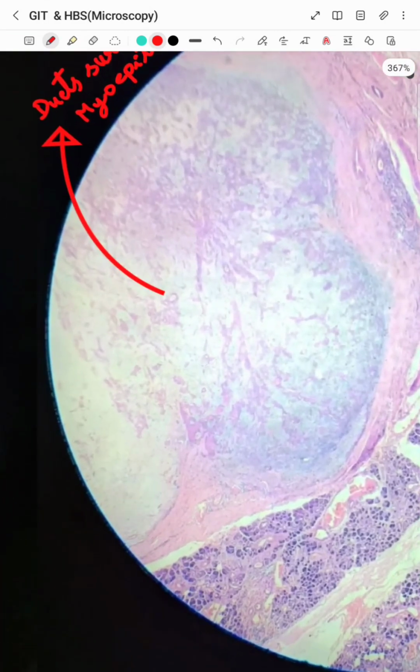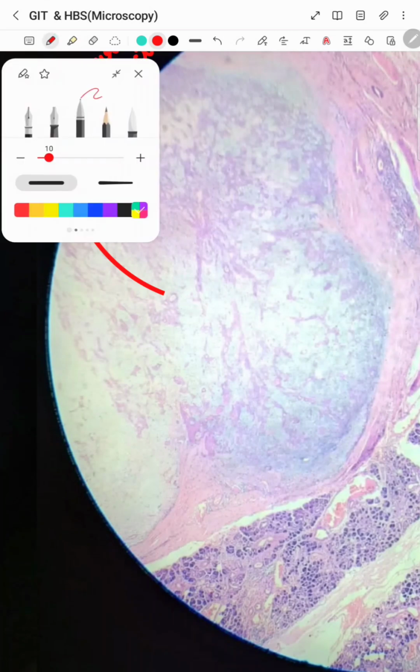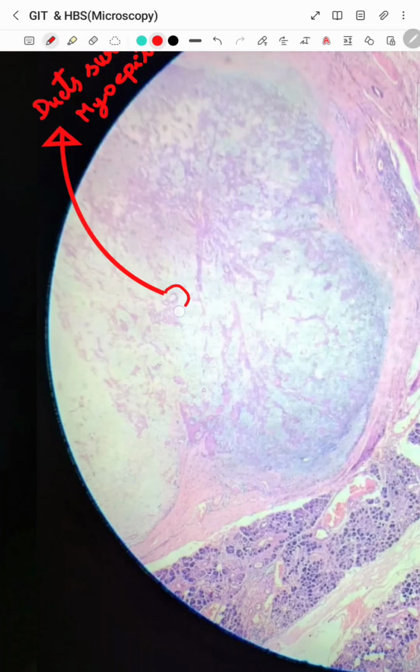So here you can see a duct-like structure, and it is surrounded by the myoepithelial cell.